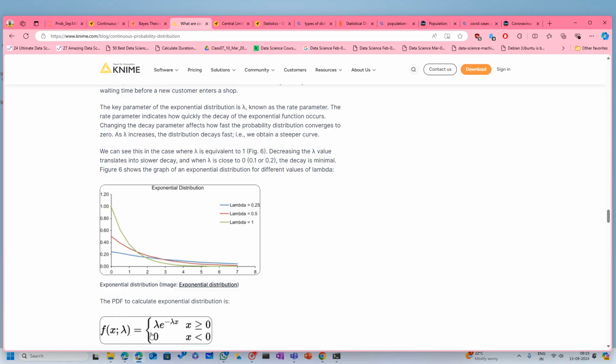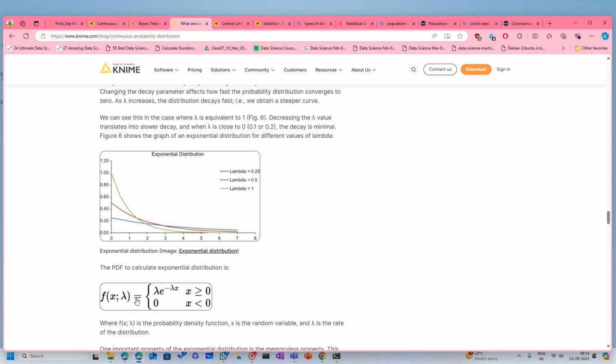Whatever the case is, if you notice the function, what we are saying is, how does my x vary if x is greater than or equal to 0, and if x is less than 0, the exponential distribution will always be 0. Very simple.